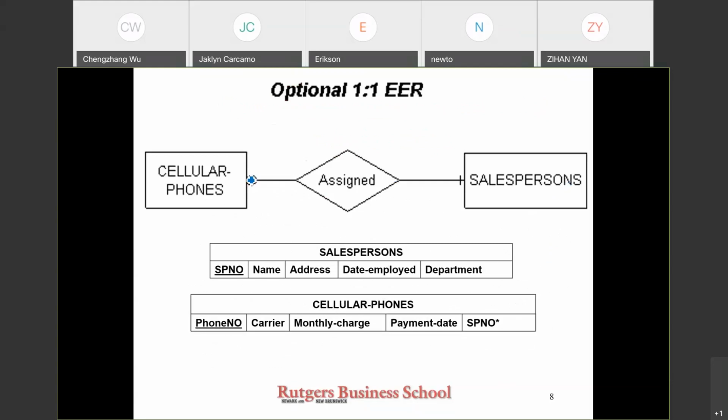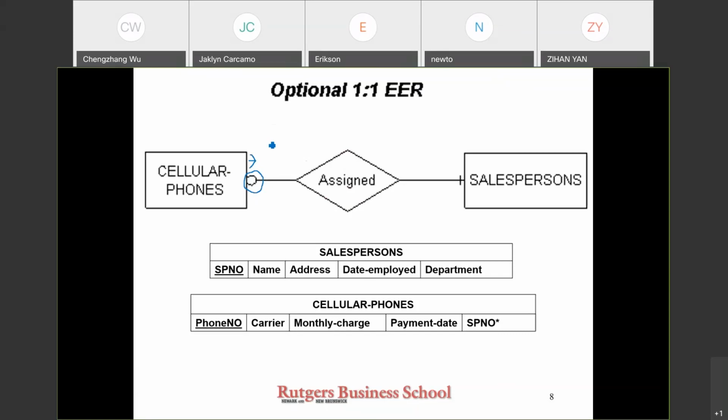So we can see in this part, we have a circle indicating optional participation. We can regard it as having a many relationship. So in this diagram, it is now mandatory one-to-many.